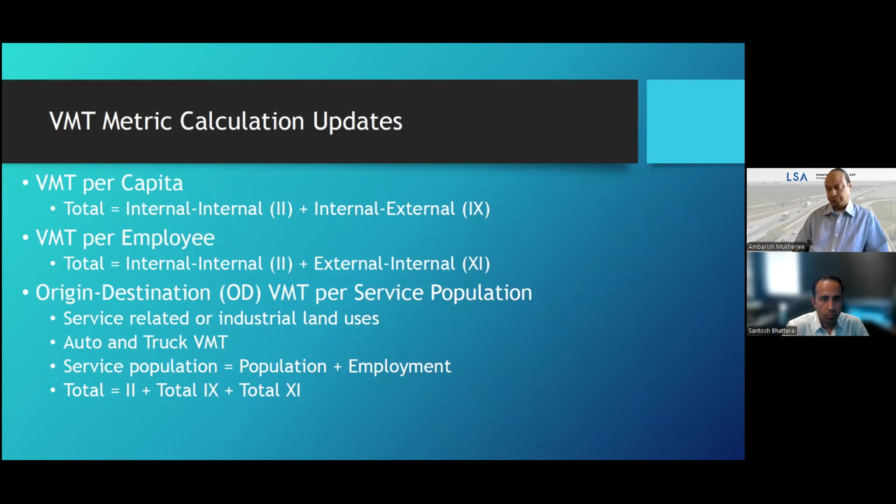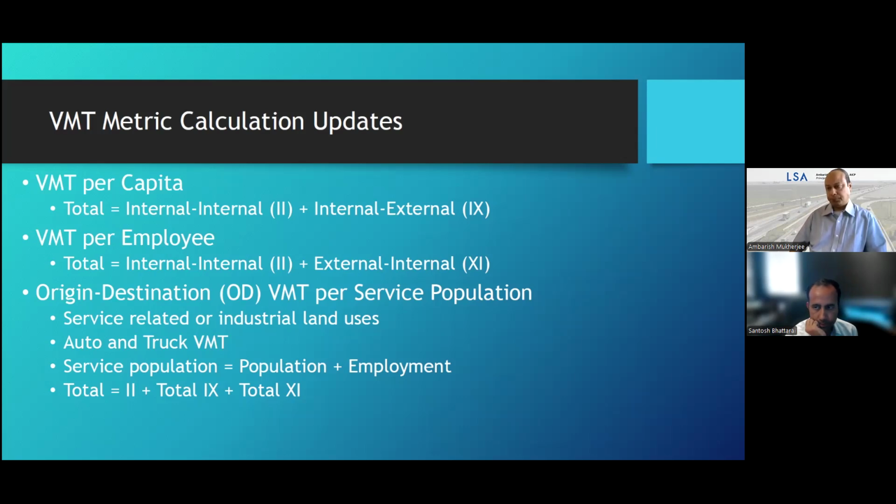OD VMT per service population has some specific uses. It depends on the land use that you're evaluating and the lead agency, or whichever VMT metric they want the consultants to use.